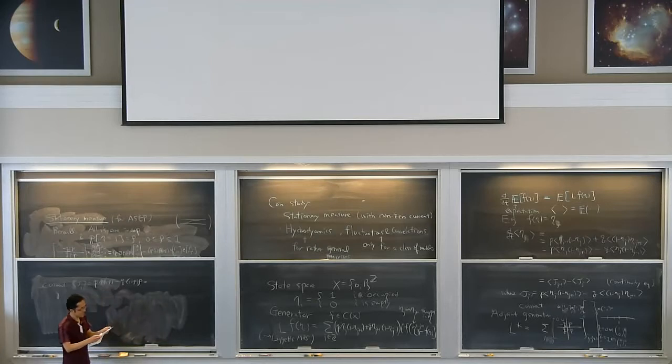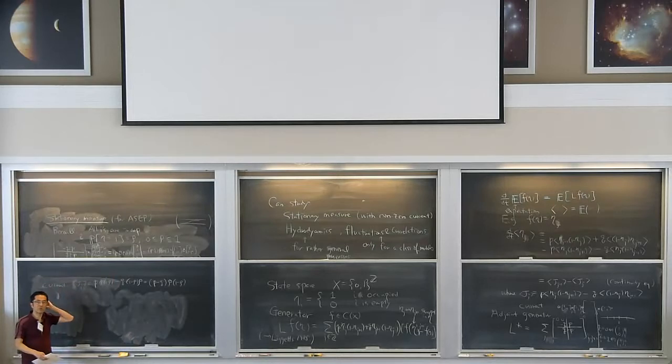Easy, right? So eta j is simply replaced by rho. 1 minus eta j is replaced by 1 minus rho. So this is simply given by p minus q times rho times 1 minus rho. So this is the current for this Bernoulli measure with parameter rho.